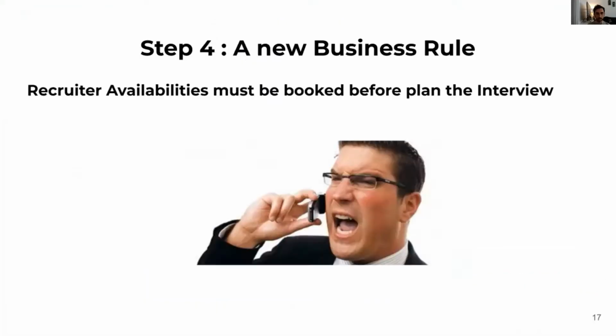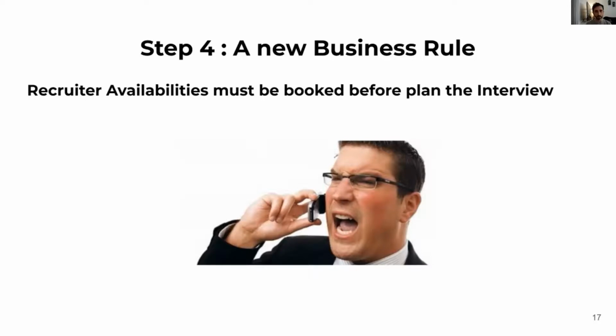Okay. At the 4th step, our client comes to us and asks us to implement a new business rule. The client tells us that recruiter availability must be booked before planning the interview. We can't plan the interview before booking the availability of the recruiter.